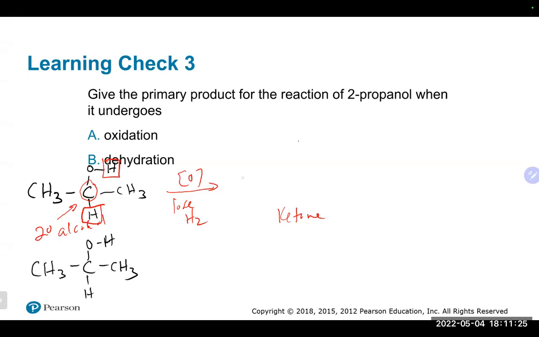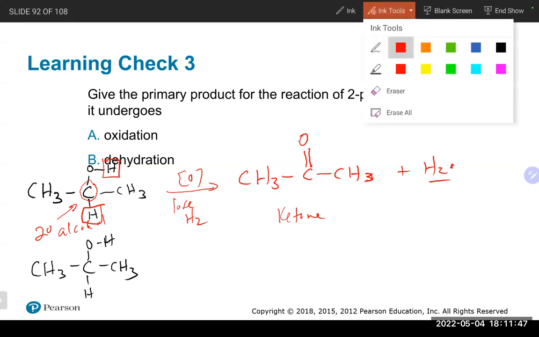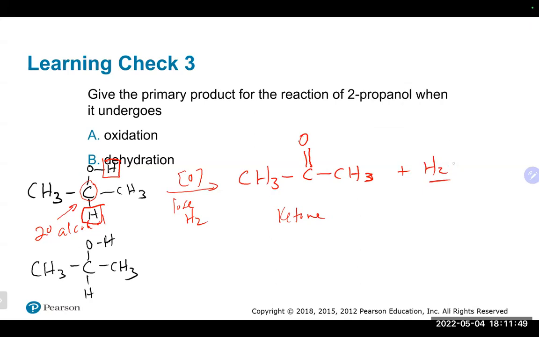Everything else stays exactly the same, except that I'm going to remove those 2 hydrogens. And that's going to give me an oxygen here, which, as we did before, we will now need to make into a double bond to give us a ketone. And obviously we would have some H2, not O, just H2 that comes off there. Any questions on that particular one there?